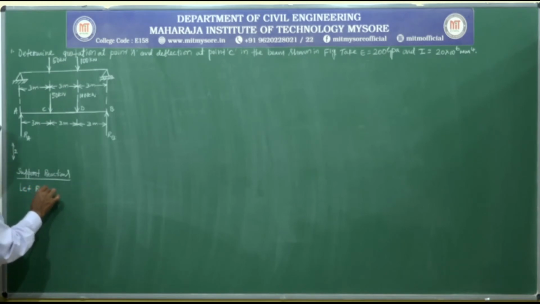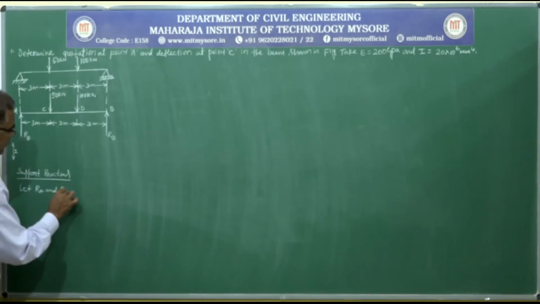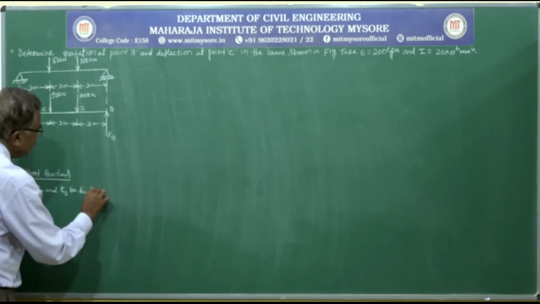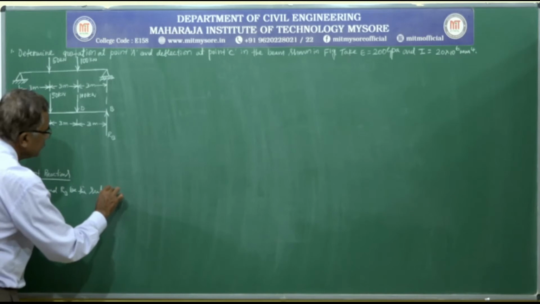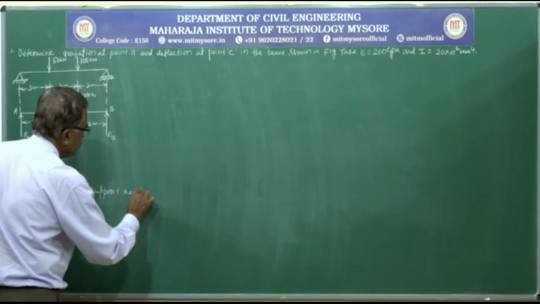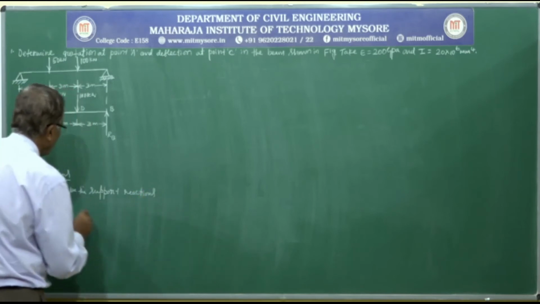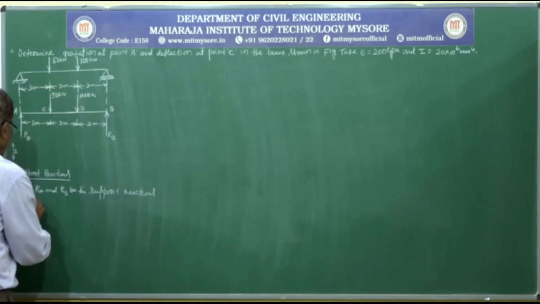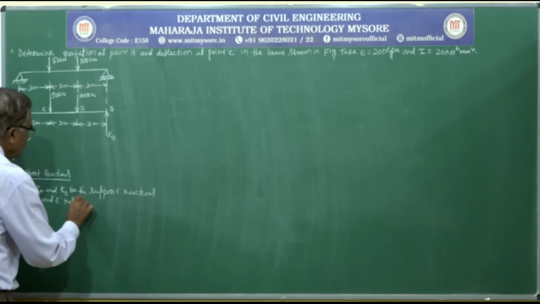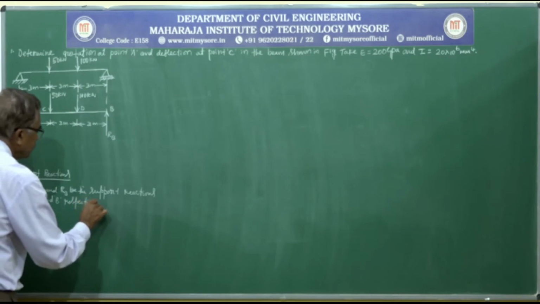Let RA and RB be the support reactions at A and B respectively.